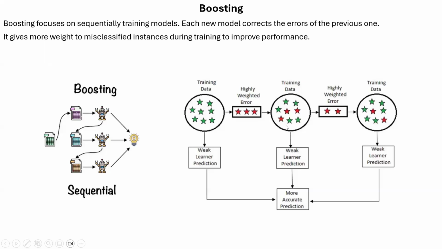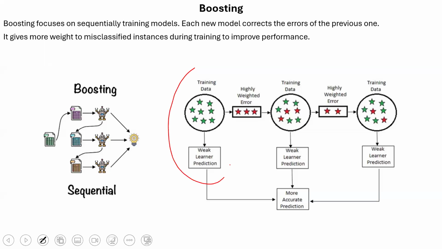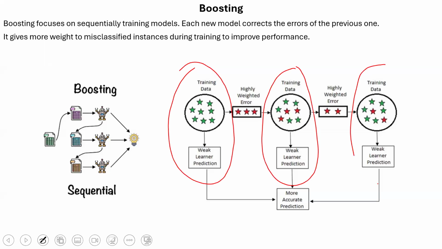The only thing you need to understand is to look at these as different training methods. This is one classification model, and this is one classification model, and this is one classification model. For every model, we are feeding data to it. But how are we constructing the data for the second iteration? Here we are giving higher weightage to the records which were wrongly classified in the first iteration.